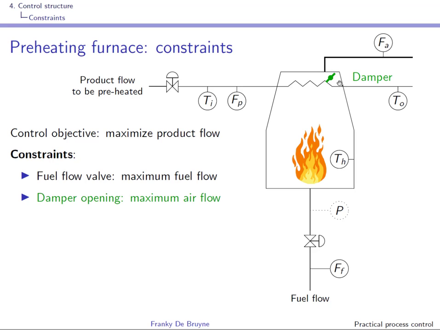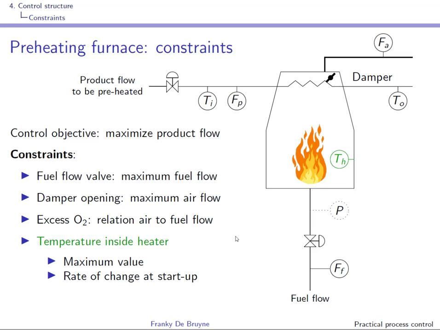The next constraint is related to the maximum damper opening and the associated maximum airflow. As mentioned before, we need in this combustion in the furnace to control the excess air and the excess oxygen, and this is done by controlling the ratio air to fuel flow.